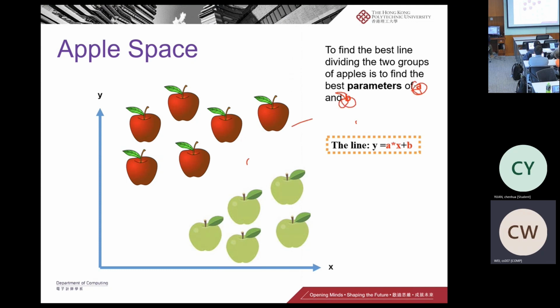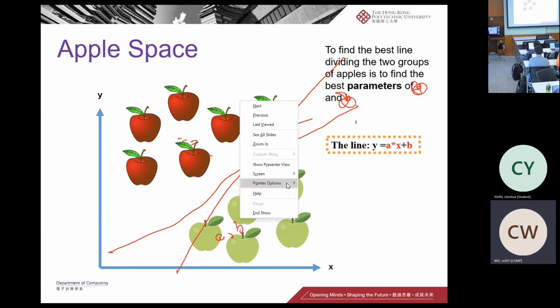So A and B, anyway, you have different lines there. Those different lines correspond to different A and B. Given any A and B, you have that line defined. So the problem here is to find the best A and B, which means the parameters.